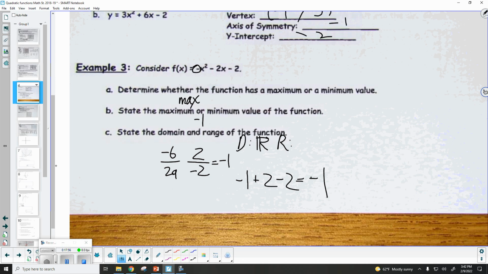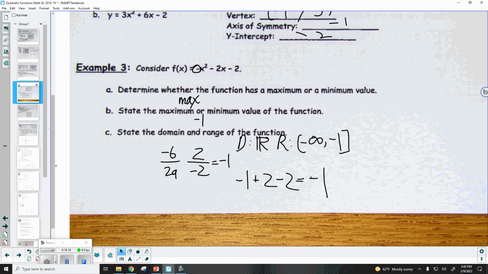Domain is all real numbers, or negative infinity to positive infinity. And the range, since it's a maximum, is negative infinity to negative 1. Yep.